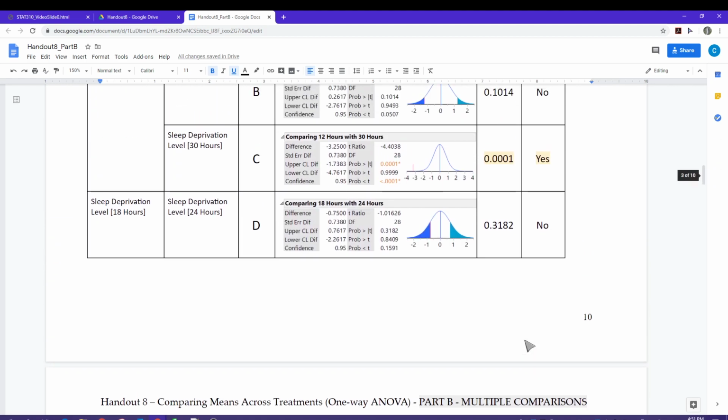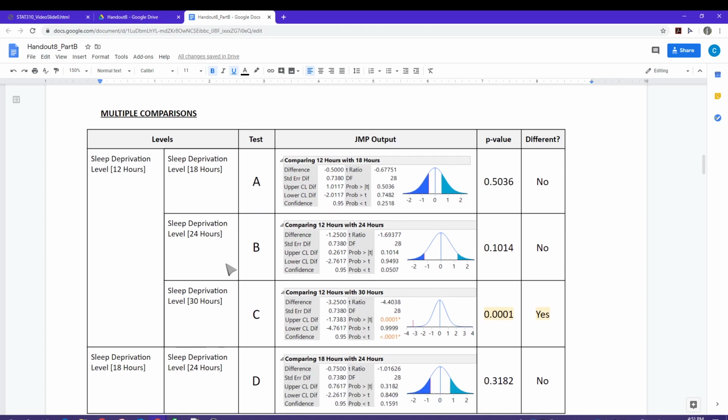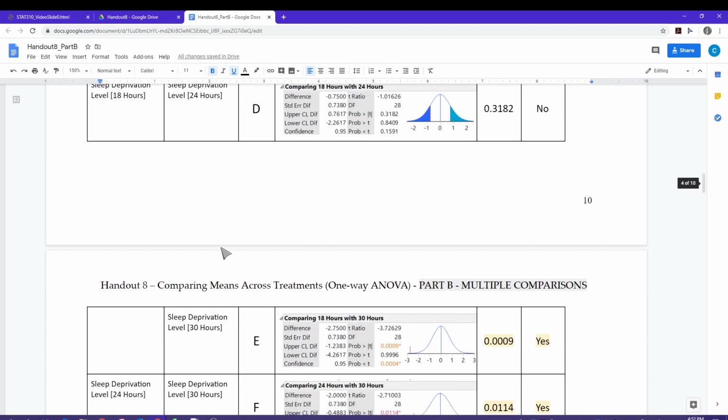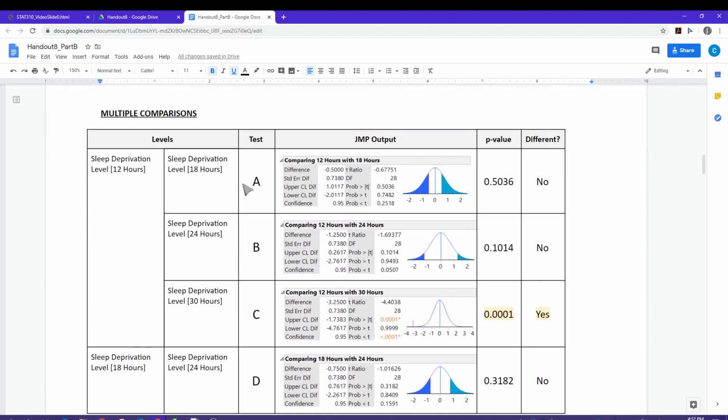So when we do our multiple comparisons, we have a lot of comparisons that need to be done. Here we have 6 different comparisons. And just to keep all of these straight, I have identified these as test A, B, C, all the way through F here. So let's just think about what the test for A is getting at.